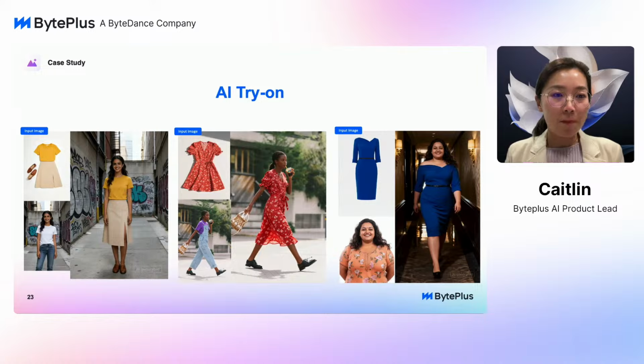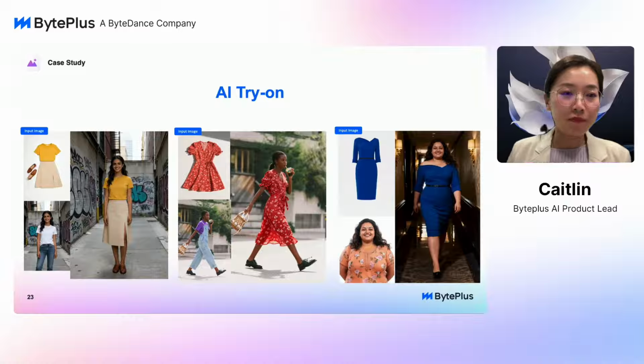For example, how accurately we can retain the details of the clothes, the dress, and also how well we fit this dress onto the user's body, and does it make sense and look holistic to these users, and sometimes we're bothered by whether the dress will change the body shape of the users. So we have tried out various scenarios and use cases, and here are some of the examples.